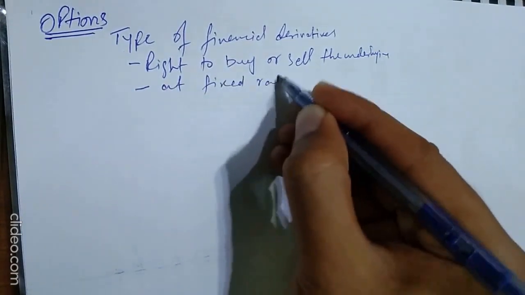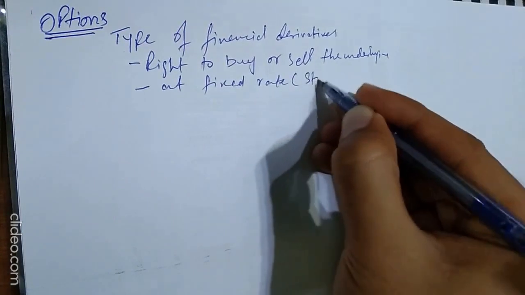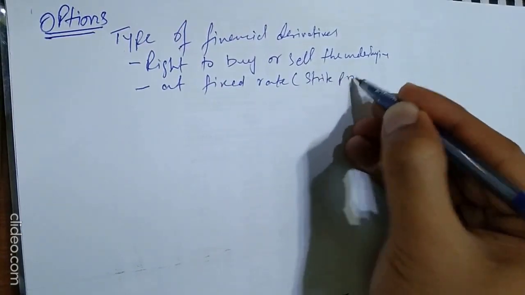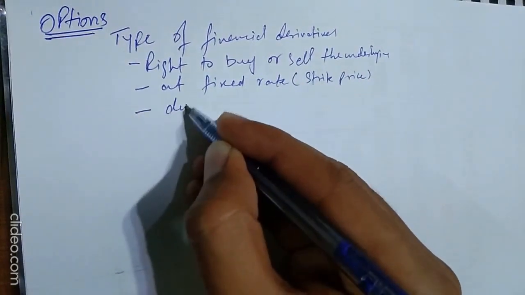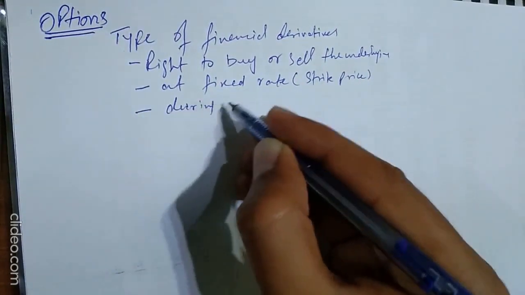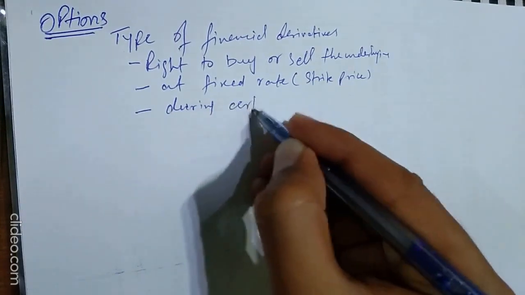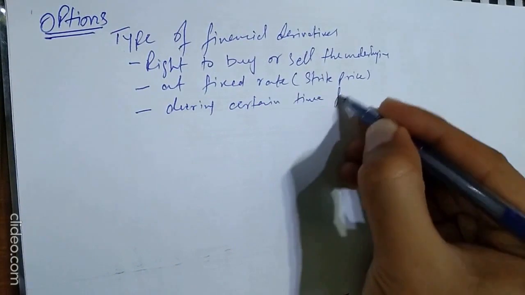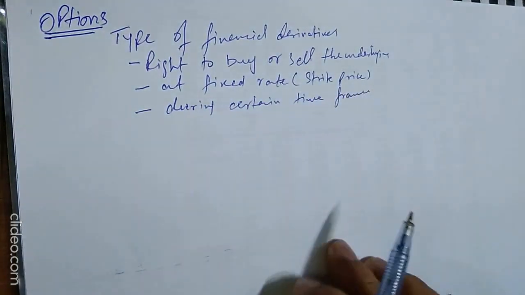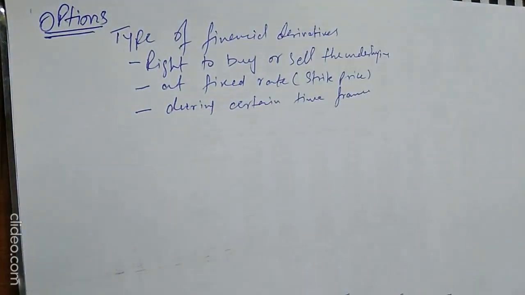Normally we call this rate the strike price. There is also a duration of the contract, like during a certain time frame. So these are the three features of the option contracts.